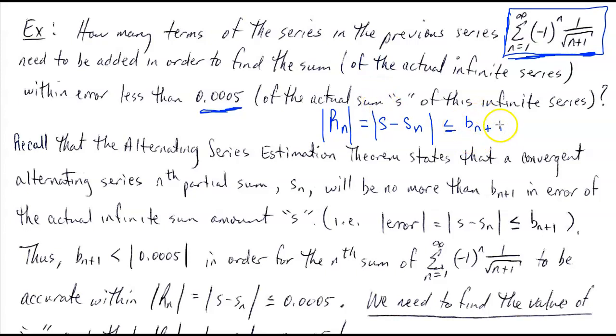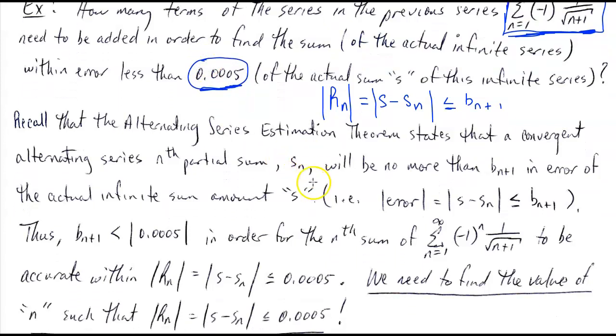And so whatever this b sub n plus 1 looks like, for whatever value of n we're talking about, we would have to ensure that the absolute value of S minus S sub n is not going to be more than this particular number, okay?